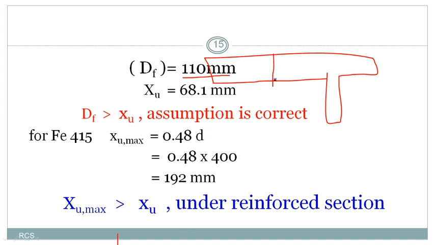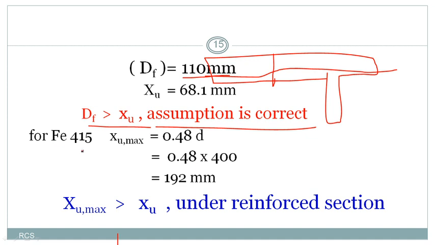This is 110 mm and your XU is 68.1. That means the 68.1 point is somewhere here. So I can say that DF is greater than XU. So our assumption is correct. So where does our neutral axis fall? It falls in the flange area.